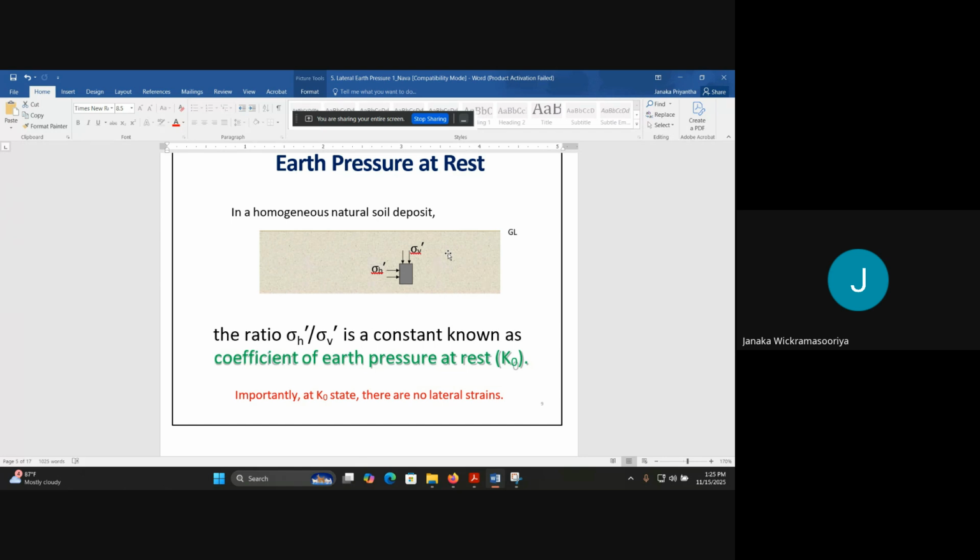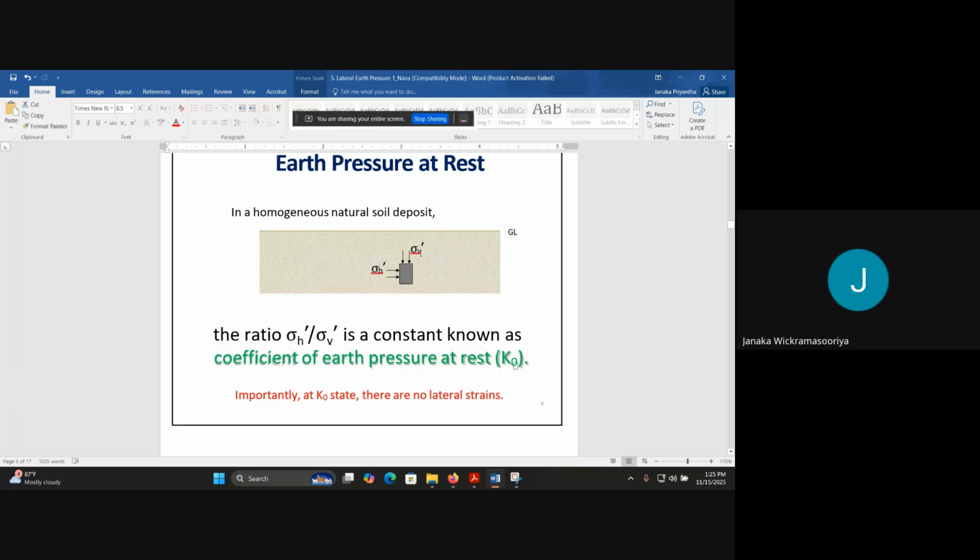What is the lateral pressure acting on us? So if we are buried, the vertical pressure will be sigma dash v, the vertical effective stress.